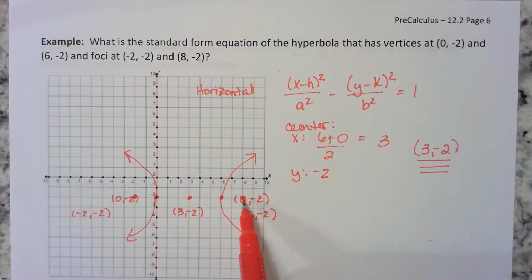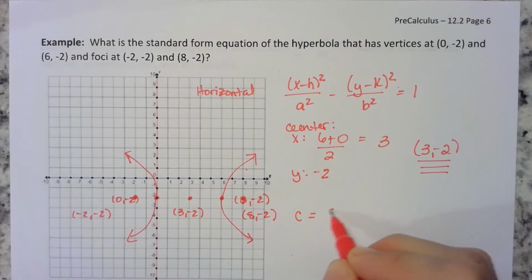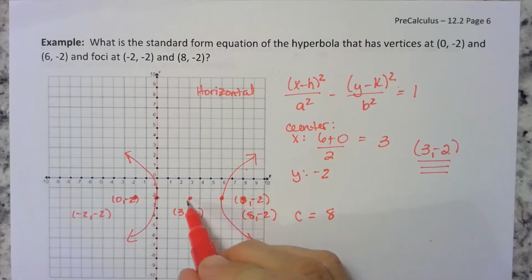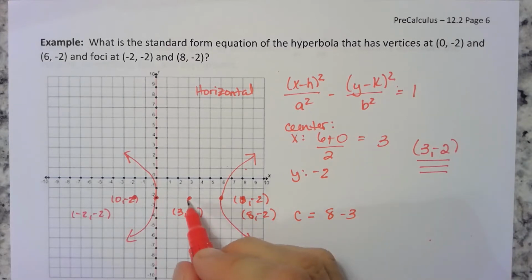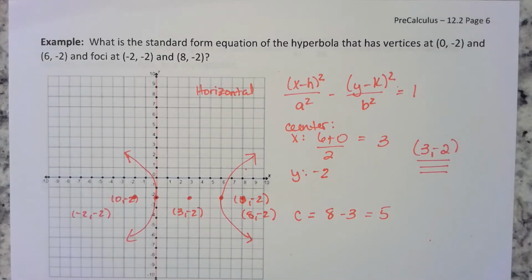If we do this x value, which was 8, and subtract this x value, which is 3, what do we get? So c is equal to 8 minus 3. We want to know this length. So the length of c is actually 5.